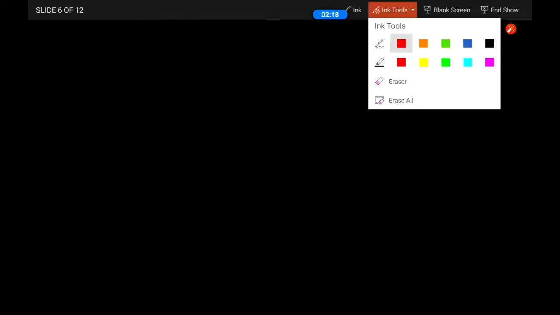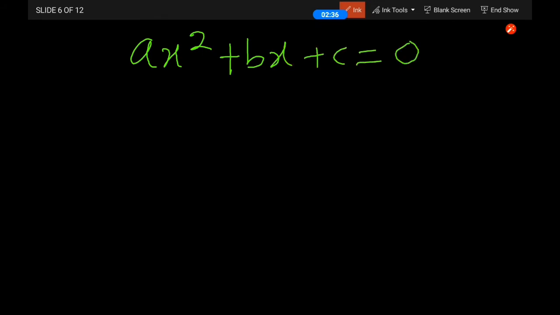Now you will quickly know, like I said before, that the general equation of a quadratic equation is ax squared plus bx plus c. That was what we started with.